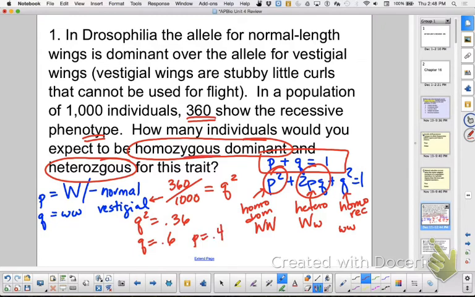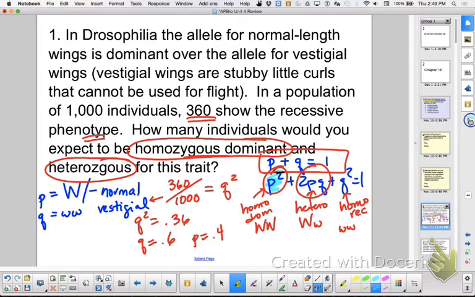So homozygous dominants are P squareds. So 0.4 times 0.4 is 0.16, which would be what percentage? 16%. What's 16% of 1,000? 160. So I'd expect 160 of them to be homozygous dominant.